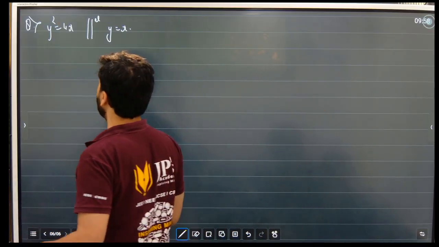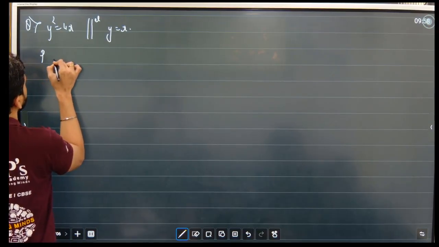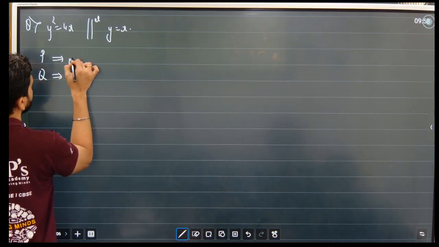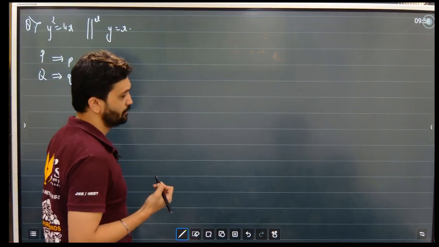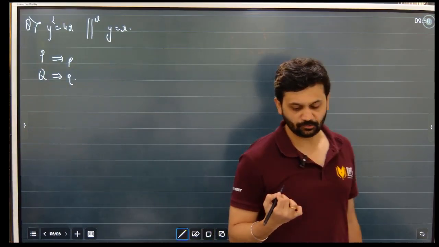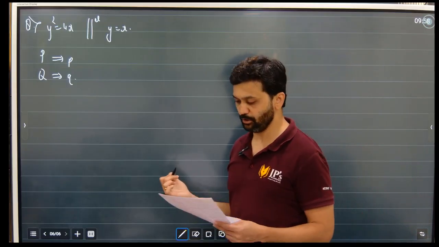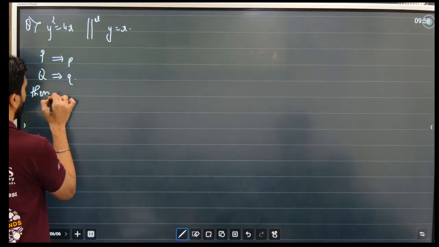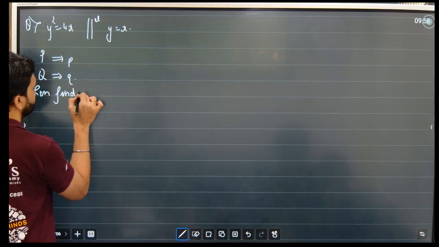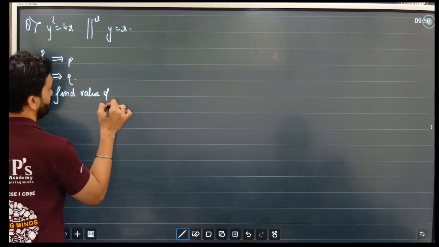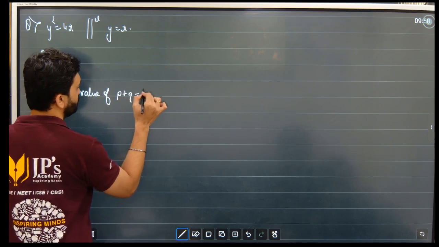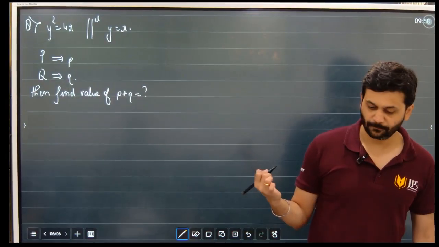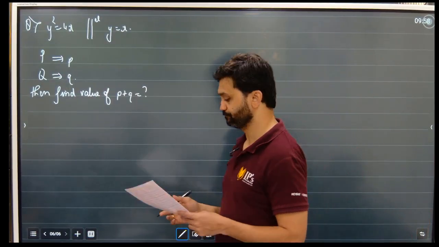If the parameters of capital P and capital Q are small p and small q, then find the value of small p plus small q.